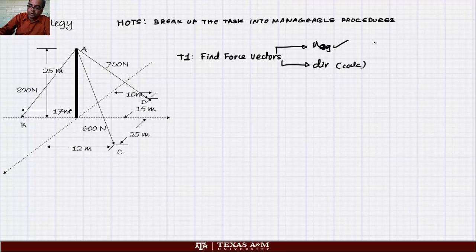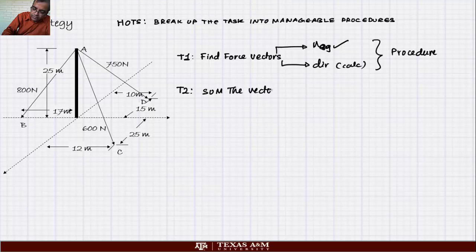That's how we do this. This is a procedure. Then task number 2, sum the vectors. Why? Because I am interested in finding the net force. This is a very simple task. This is just vector addition.